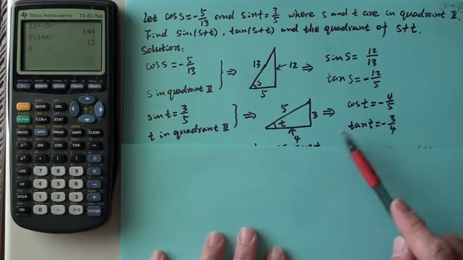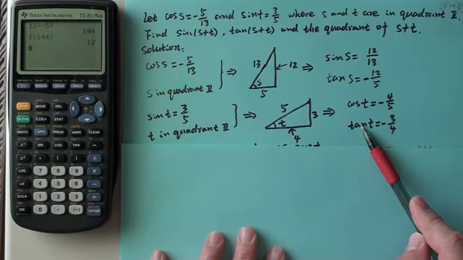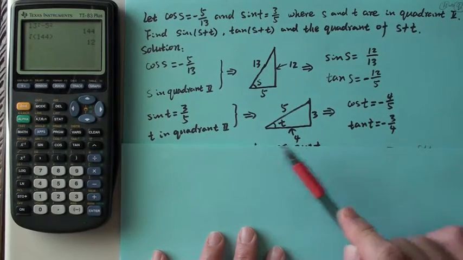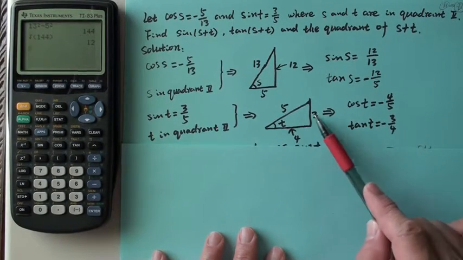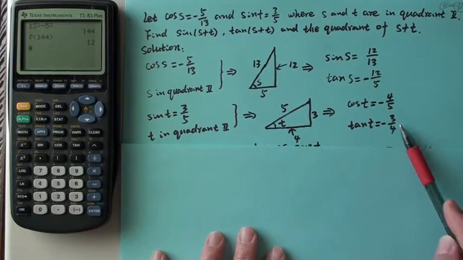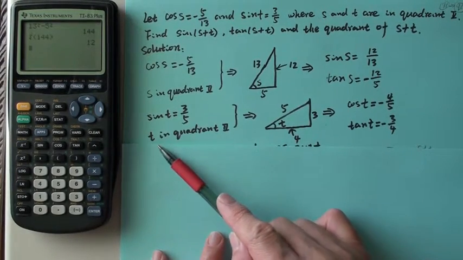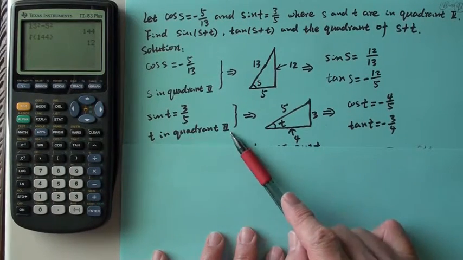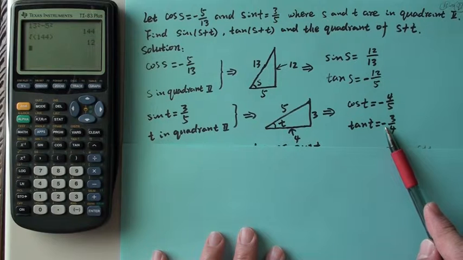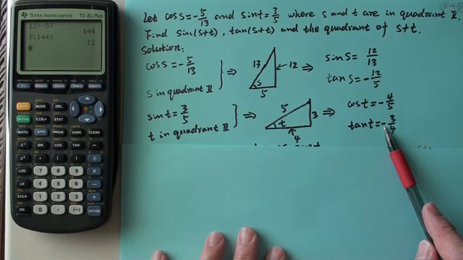So you put a negative here. And tangent t is 3 over 4, opposite over adjacent. Then decide the sign: t is in quadrant 2, so again it is negative, because tangent is negative in quadrant 2.